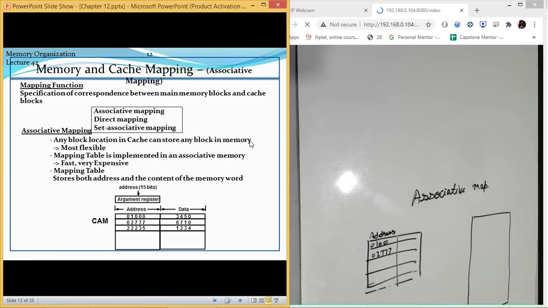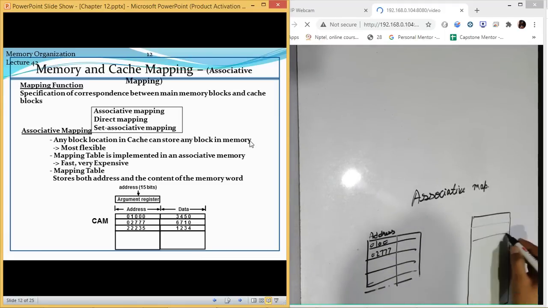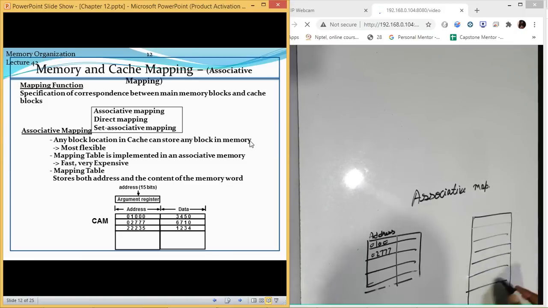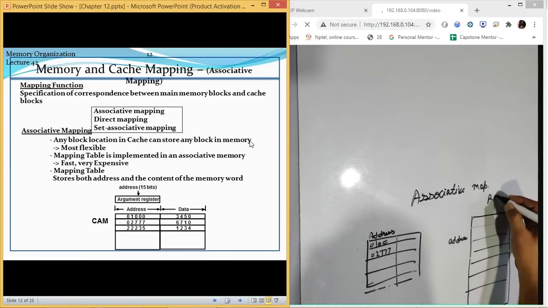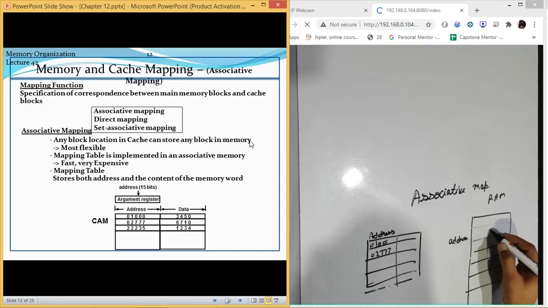The next thing is how we are going to store any content. Let me tell you what happens in this. There will be a certain address for this. This is a RAM, and for that we also have some content.